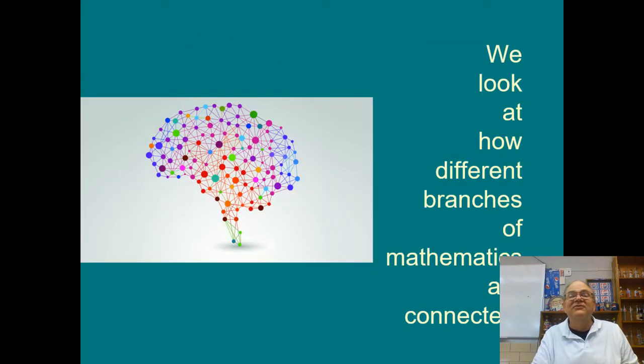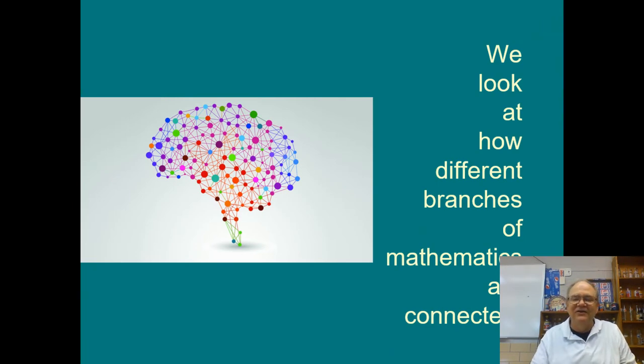In the process of doing all this analysis, we're going to be looking at how different branches of mathematics are connected. And even though I can't see it on my screen, I'm betting that probably the bottom of that is getting cut off by my face right now. But again, we're looking at how different branches of math are connected. You've studied things like algebra, geometry, trigonometry, and now what we want to do is look at what does one of those have to do with another?